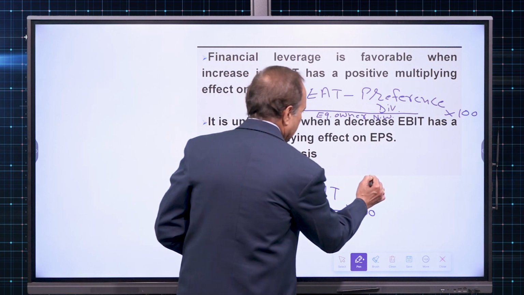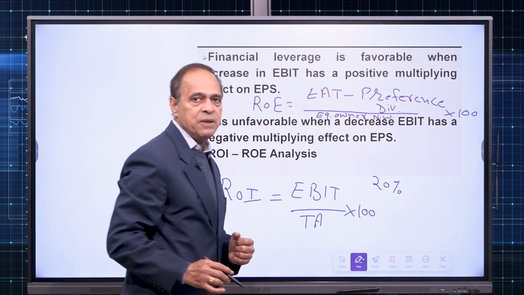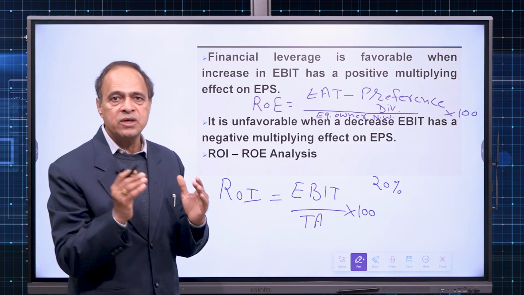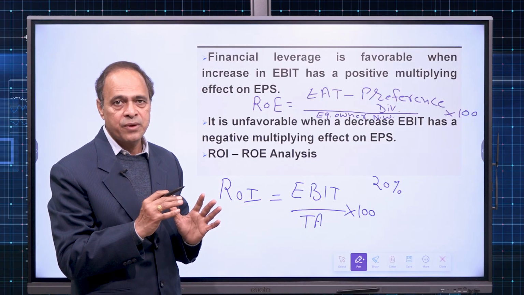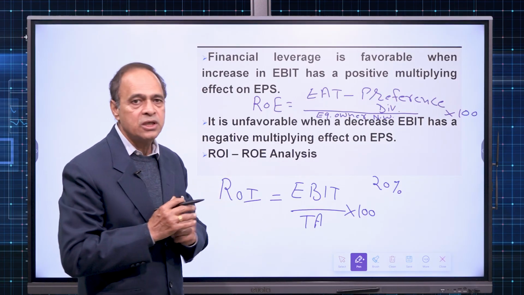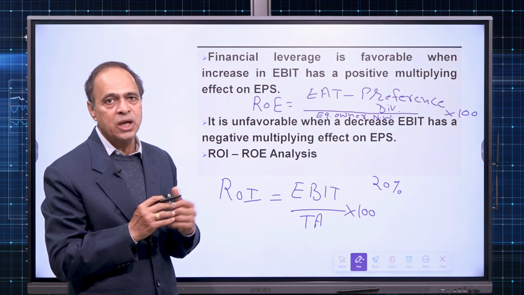Suppose your ROI is likely to be 20%. It means whatever is your total investment in assets, financed from whatever sources, the assets are likely to generate 20% operating profit. We can simply use this tool also.